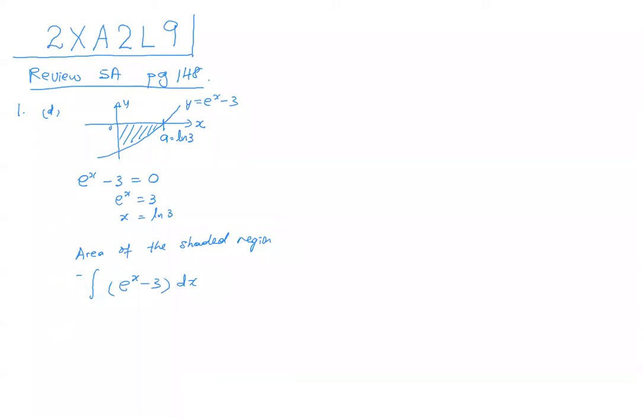Actually, I will prefer not to put the modulus, so that I know I definitely will get a positive value straight away. So I will put the limit 0 on top, ln 3 at the bottom. Can or not? So I try to avoid anything involved with modulus and negative.